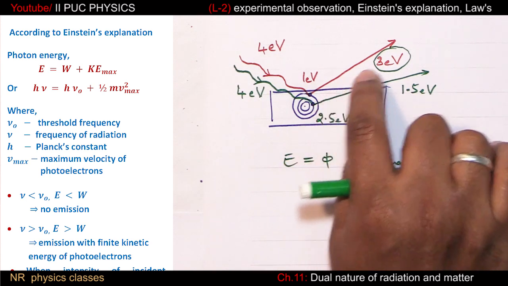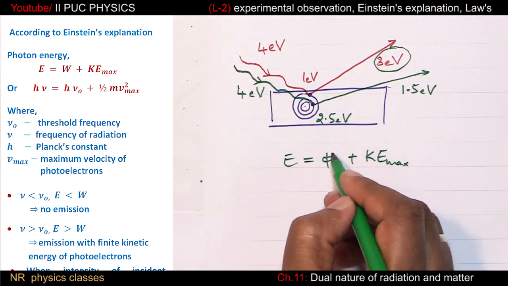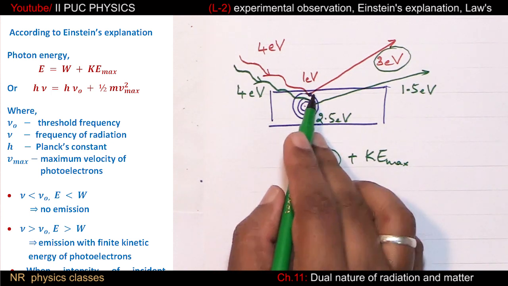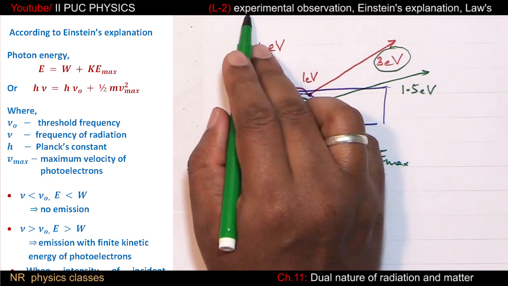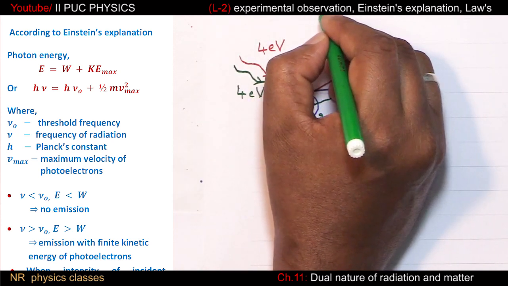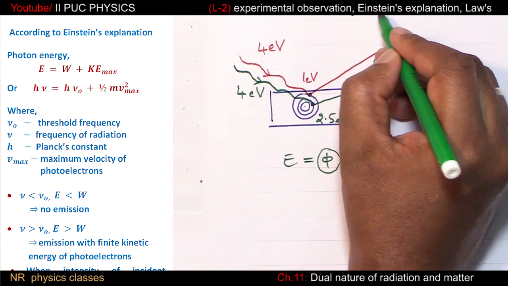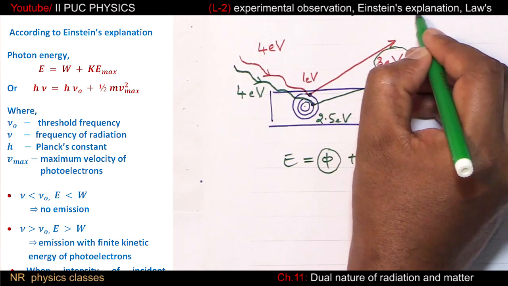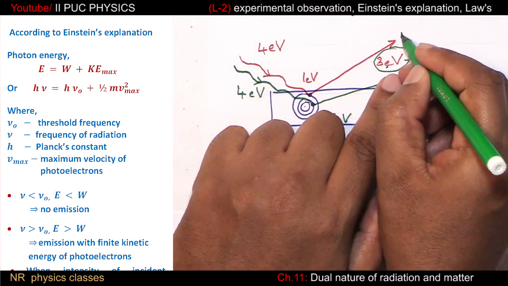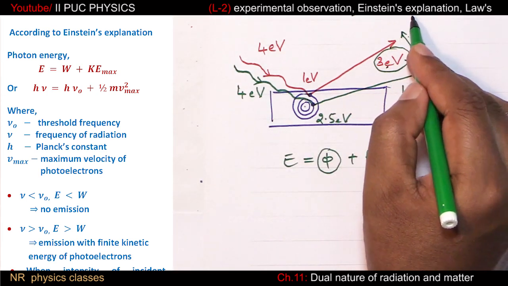So in a bunch of electrons, maximum energy is given by this, and work function is defined for valence electrons, outermost electrons. That is why maximum kinetic energy is used. Corresponding to maximum kinetic energy, maximum velocity is used. Half m v square is maximum. If kinetic energy is maximum, the corresponding velocity is the maximum velocity of photoelectrons.